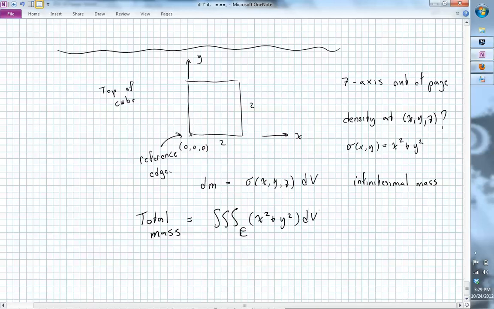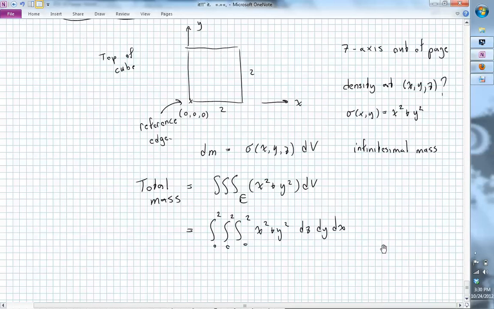I have to integrate x squared plus y squared dv. Cubes are really easy for limits of integration in Cartesian coordinates. It goes 0 to 2, 0 to 2, 0 to 2. X squared plus y squared dz dy dx. Does everybody see that?